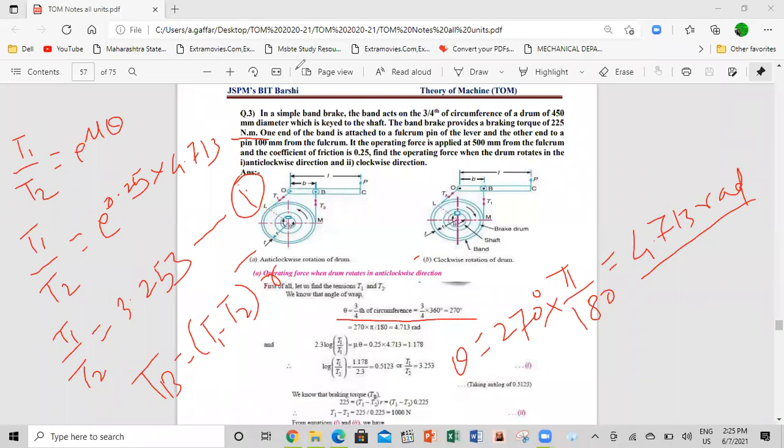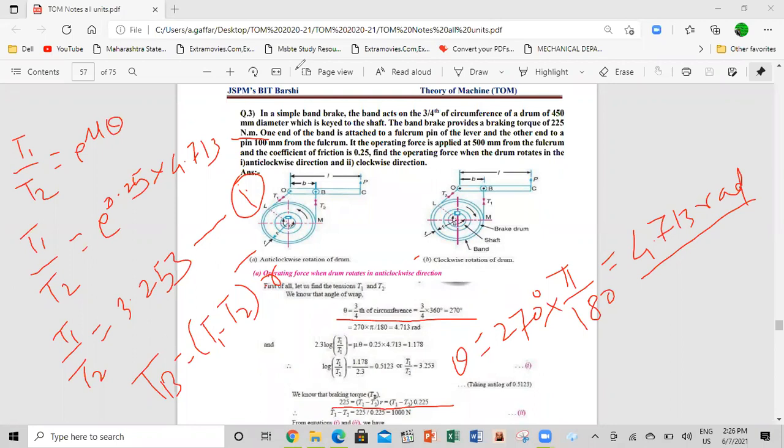The diameter given in the problem is 450 mm, which I converted to a radius of 225 mm, but since braking torque is in Newton meter, after conversion of millimeter to meter the value of the radius is 0.225 meter. So put these values in this formula.